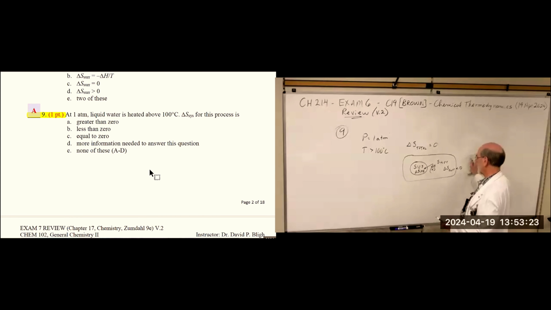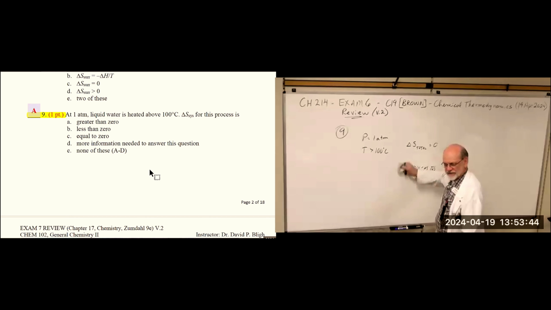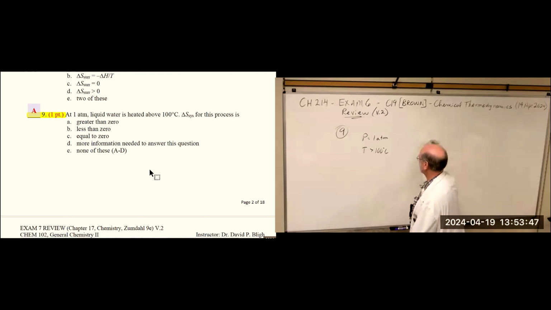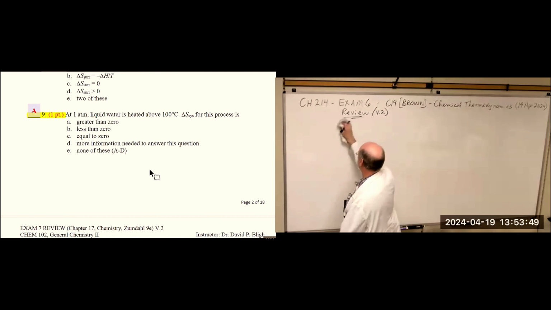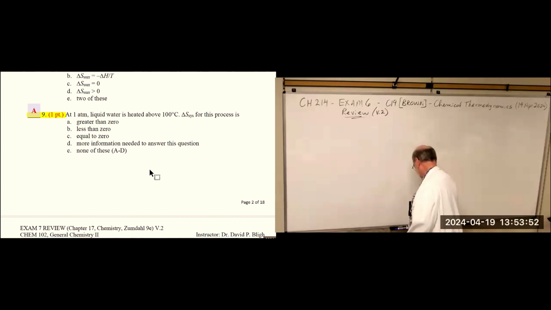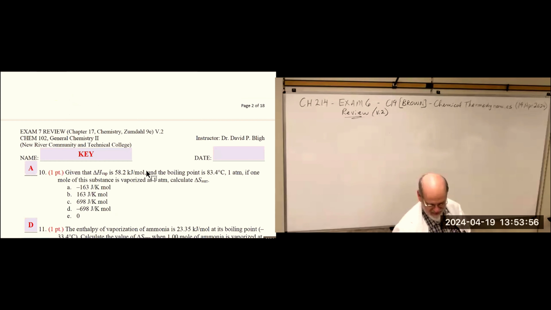And it's not at equilibrium. Now I was going to say something I better not, because it might not be right. I better stick to the program. All right, number 9 is A.